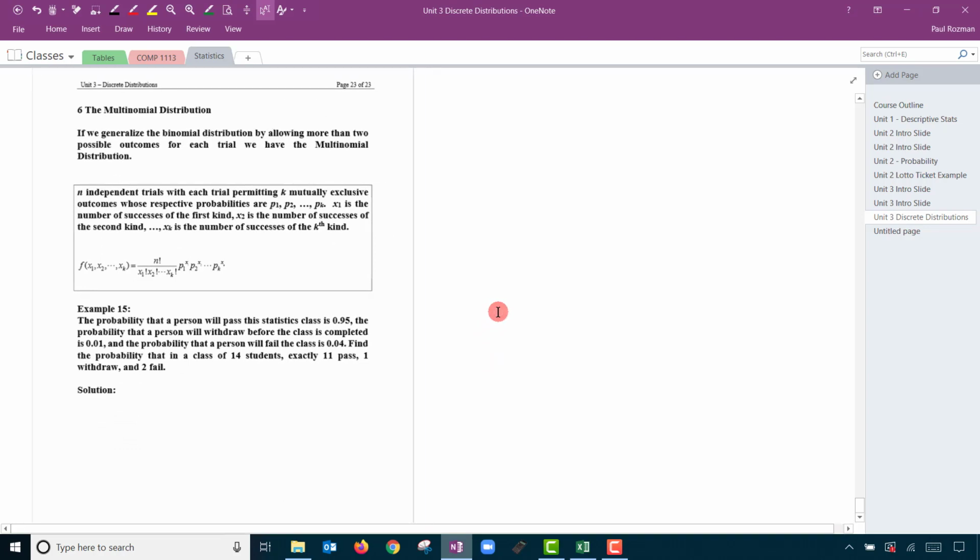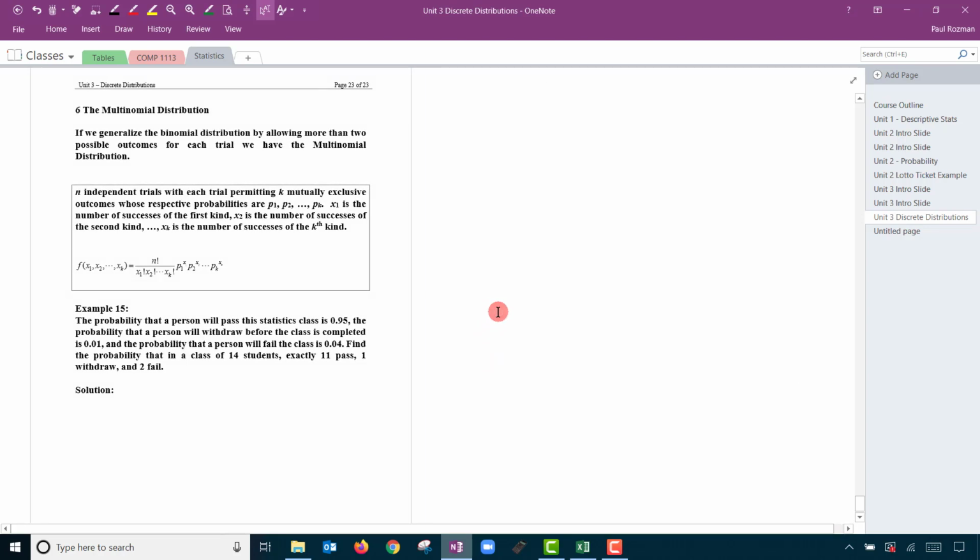Is the multinomial distribution. It's like the binomial distribution, except it has more than 2 outcomes. So now instead of having 2 outcomes, this is like you get an A in the course, you get a B in the course, you get a C in the course. Each one of those things has some possibility of occurring.